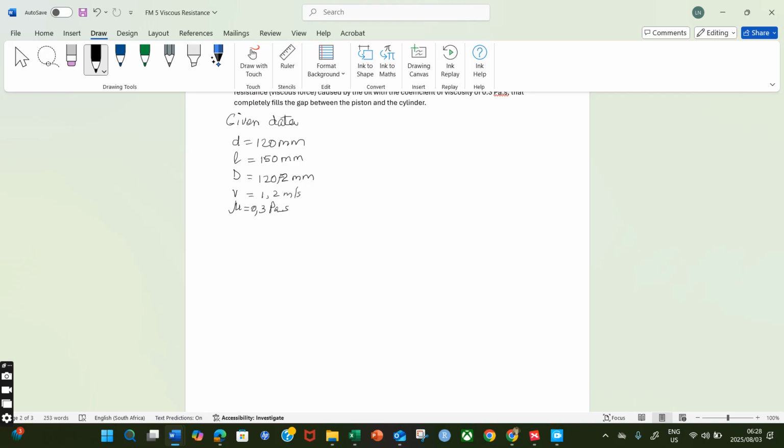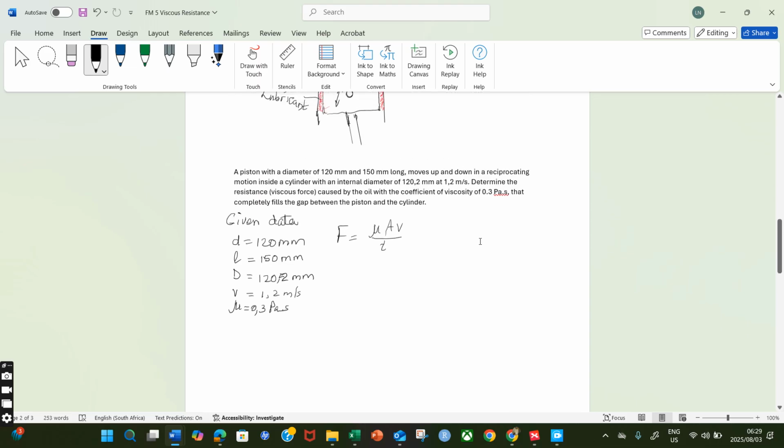To calculate our force here, we write down the formula: the coefficient of viscosity multiplied by the area multiplied by V over T. In this case, what information do we have? The coefficient of viscosity is given, so we need to calculate the area. V is also given, so we must calculate T.